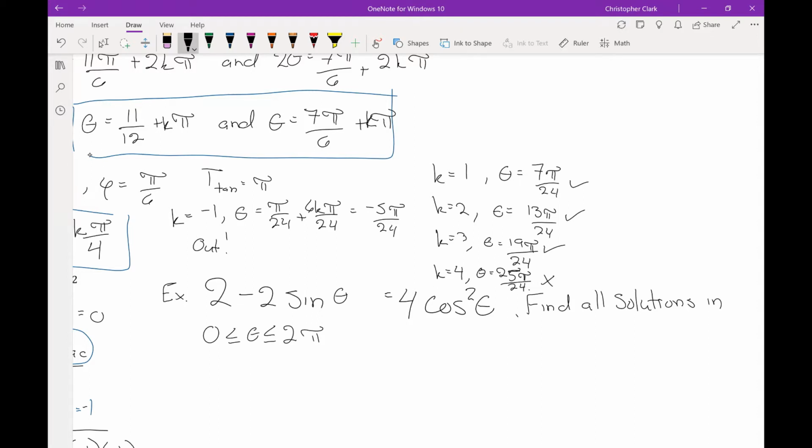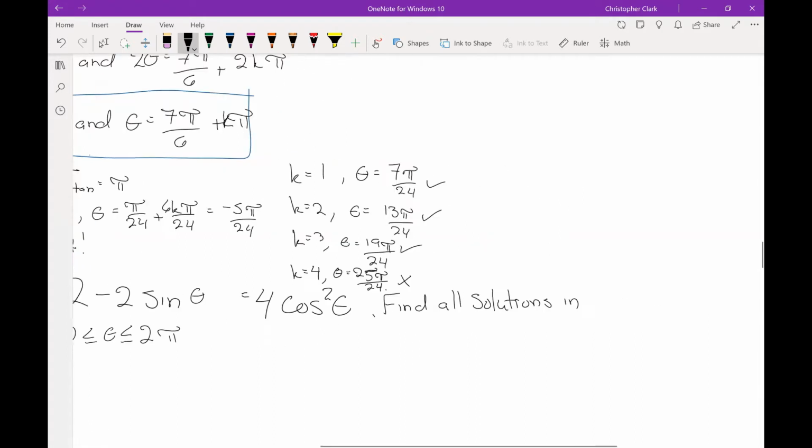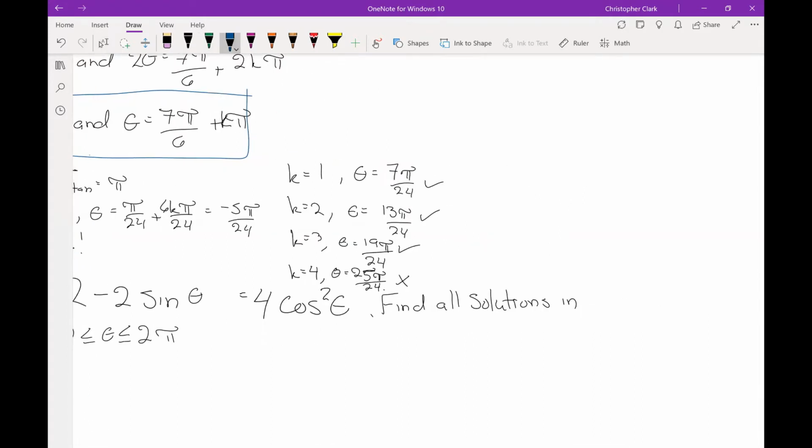So k can only equal 1, 2, or 3, which means that our solutions are theta equals, when k is 0, that's just the baseline, just pi over 24, or when k is 1, 7 pi over 24, or 13 pi over 24, or 19 pi over 24.